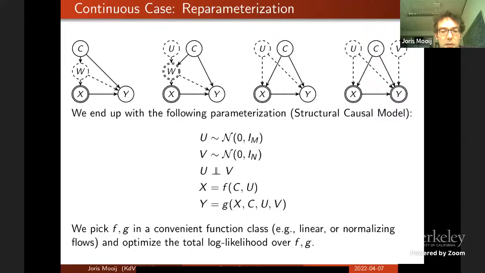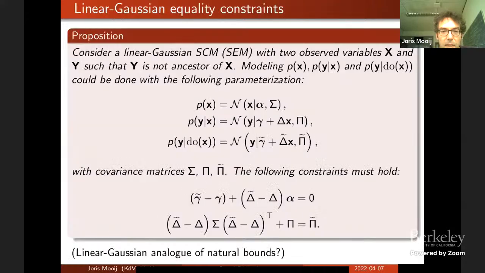We just have to infer these functions f and g. So we can pick them in some function class. For example, we can assume them to be linear, and that is what the next slide is about. Or we can look at nonlinear functions, and that will be the next step after looking at the linear case. And we can then simply optimize the total log likelihoods of these functions f and g. Okay, so let's first look at the linear case.